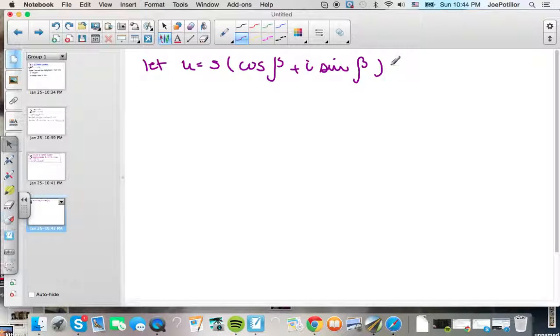Now, you may ask, why did I use s and beta? These letters are arbitrary and I can really make them up. But since z is used with r and theta respectively, we'll use different letters for that.